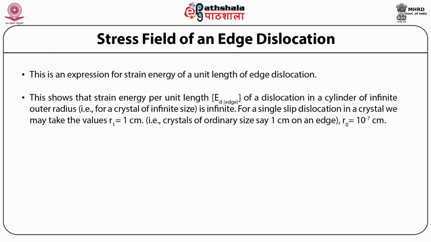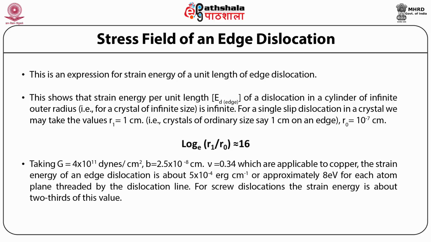For a single slip dislocation in a crystal, we may take the value r1 equal to 1 centimeter, that is, crystals of ordinary size, say 1 centimeter on an edge. r0 is equal to 10 raised to the power minus 7 centimeter. Log to the base e r1 upon r0 is approximately equal to 16.